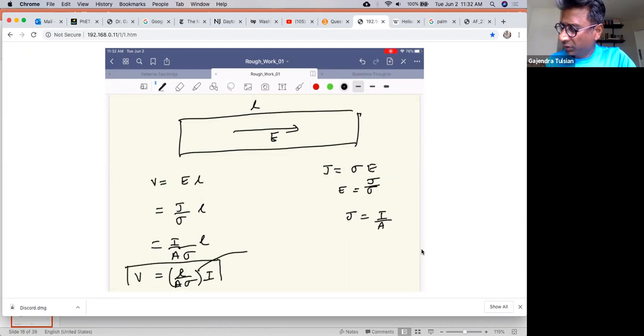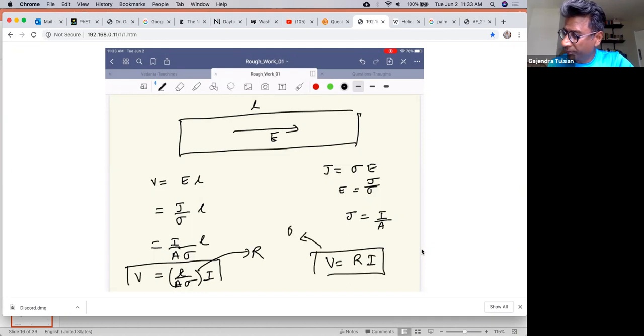And this quantity is called the resistance of the wire. And so voltage is resistance of the wire times the current in the wire. And this is known as Ohm's law. And this is the useful form of Ohm's law. So this is easy to measure using a macroscopic instrument.